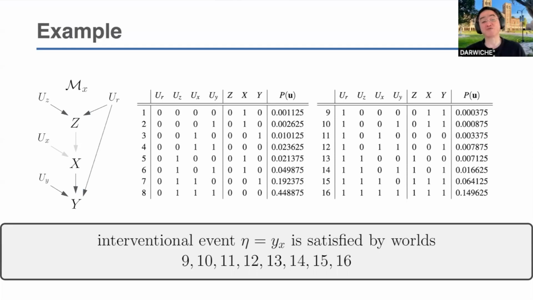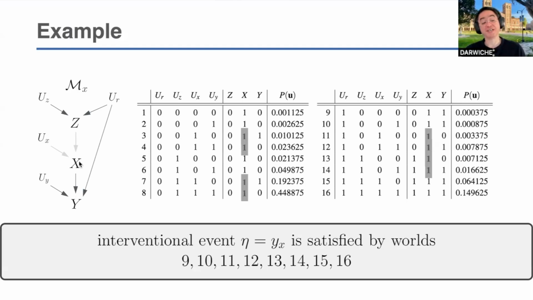This was the set of worlds for the original model. Now, what happened here? Here, X was computed based on the values of these two. But since I have set X to true, I'm going to replace the values of X by true, because that's the value of it. It's a constant. It's no longer dependent on these.